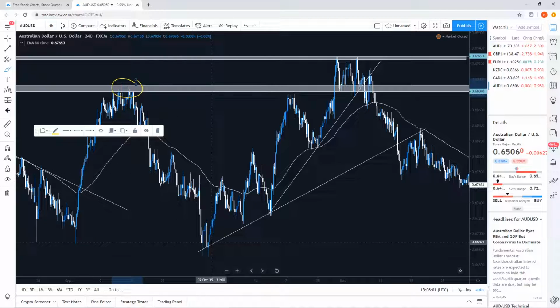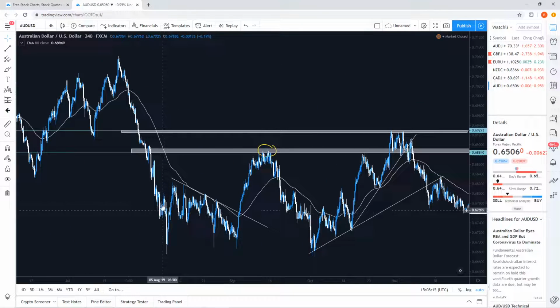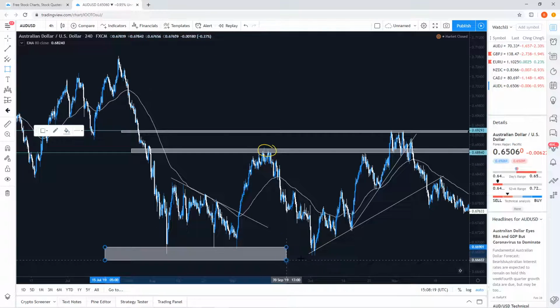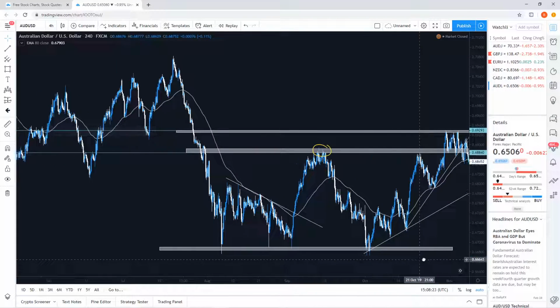Now, being we had this touch of market structure, we had a pretty strong downtrend. The thing I noticed here was this trend line started to develop. We had one touch, a second touch, a third touch, okay? And I want you guys to see what happened at the start of our trend line here on AUD/USD. Obviously right here, we could draw this zone out. This is a zone where previous price occurred.